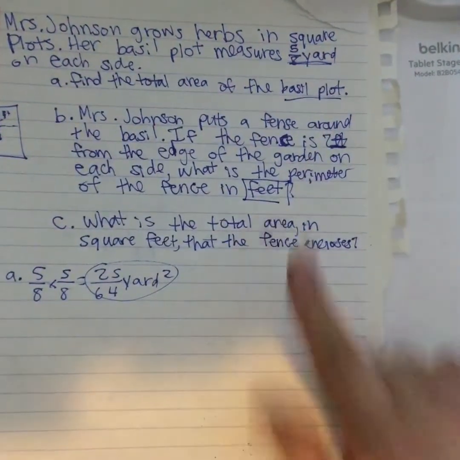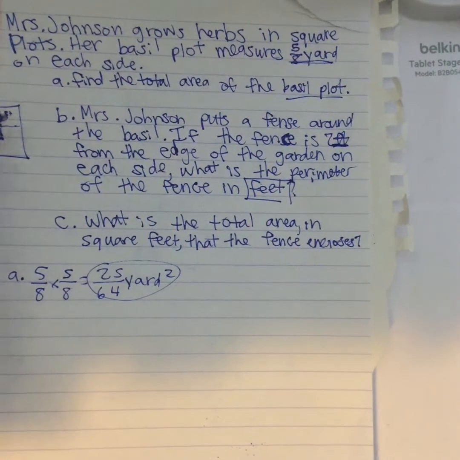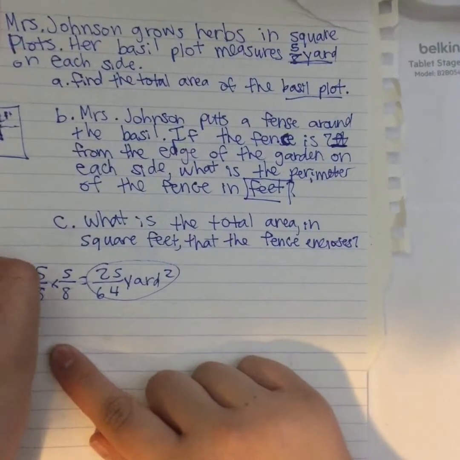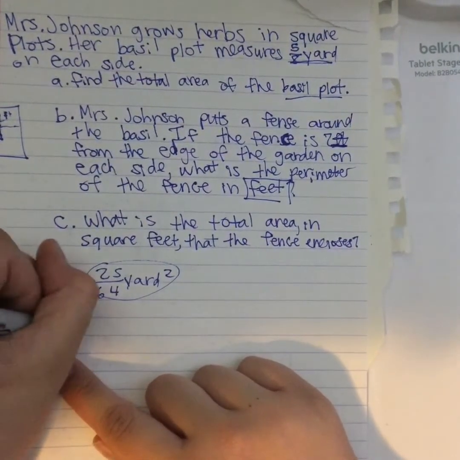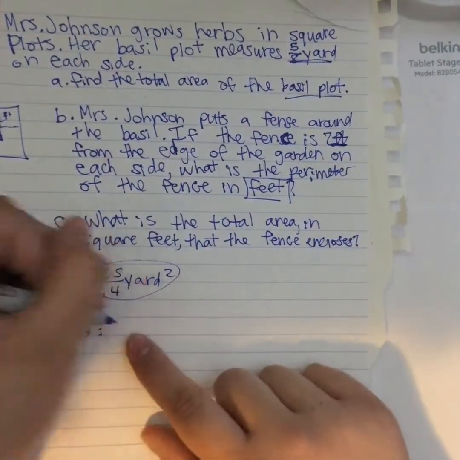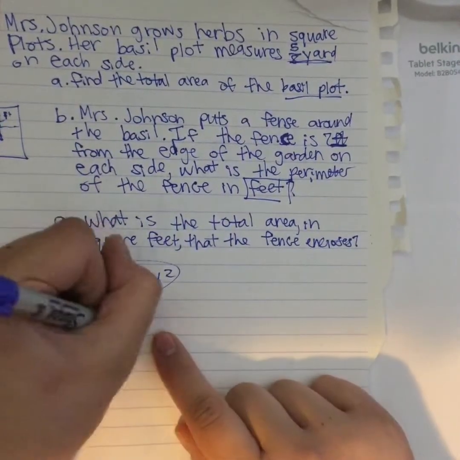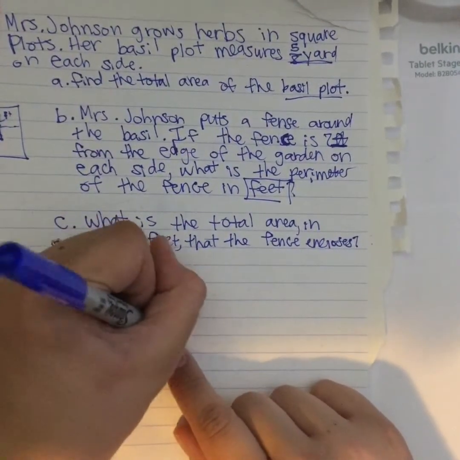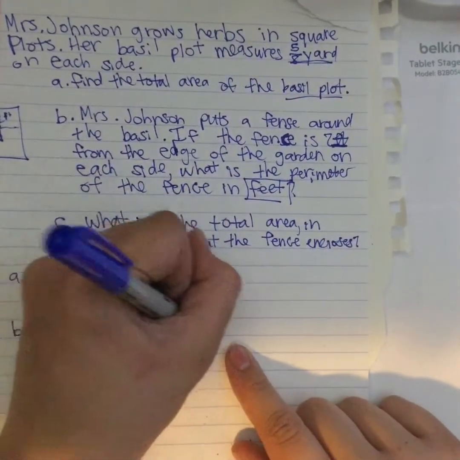So we need to convert this to feet. What we end up doing here is we take our 5/8 of a yard, and we need to convert that. So we know that 5/8 yards is 5/8 times 1 yard. 1 yard is equal to 3 feet, so we can substitute that.